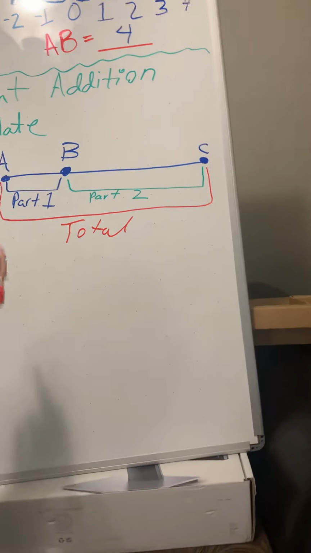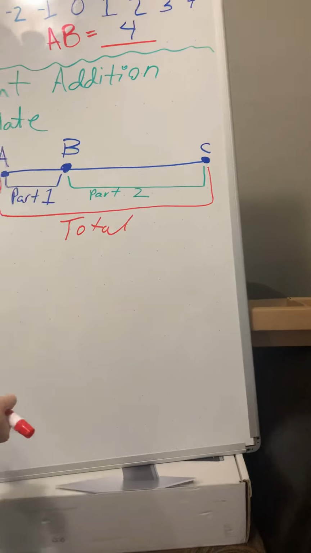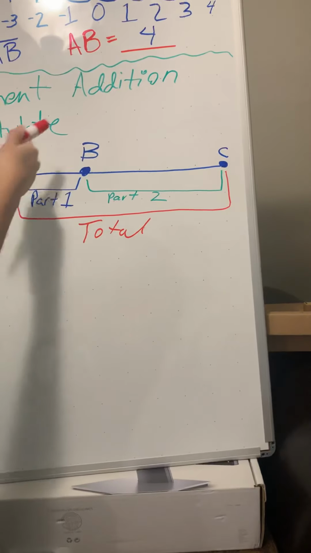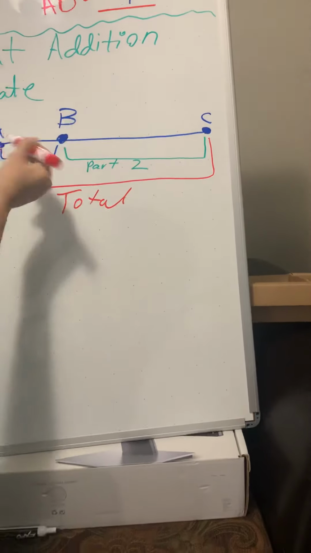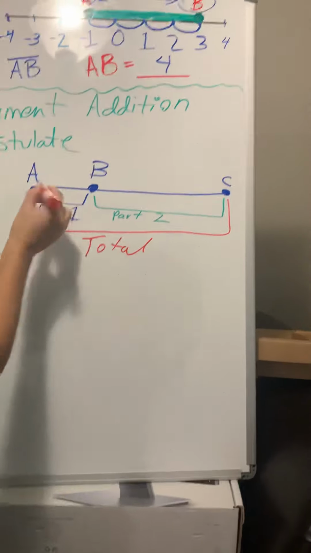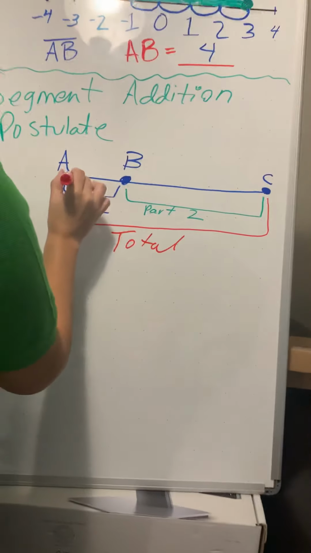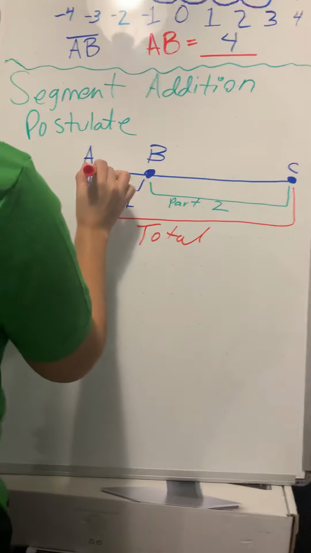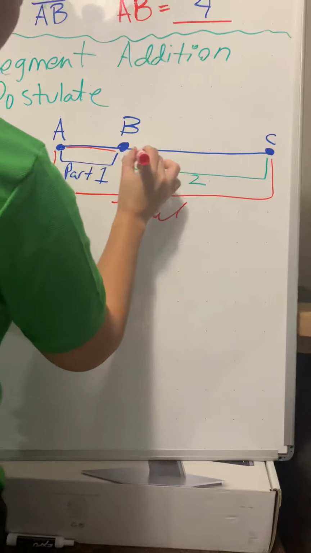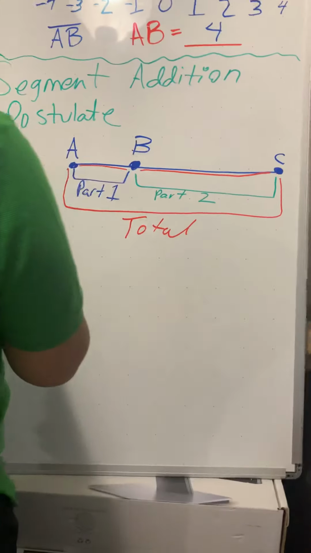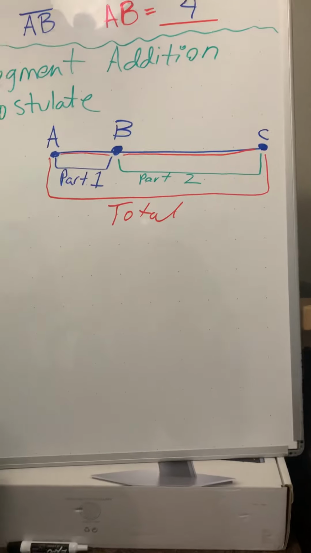So pretty much what this is telling you is, if we have A, B, and C as collinear points, they're collinear because we mentioned in the previous lesson that points that are in the same line are considered collinear points.